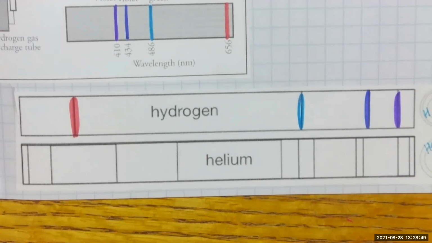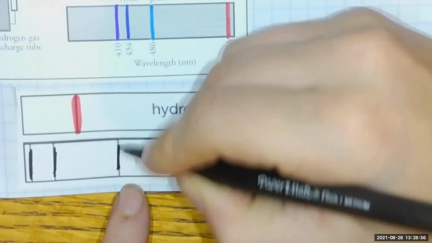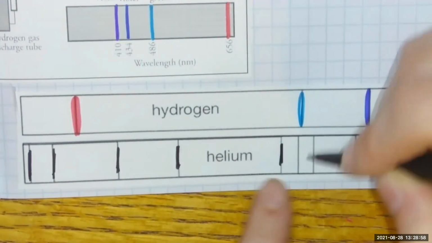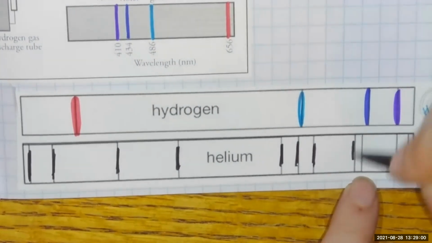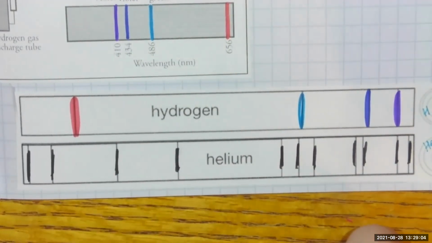Helium, I'm not going to color it, has 1, 2, 3, 4, 5, 6, 7, 8, 9. And I'm not sure if this is an exactly accurate image, but helium does have much, much more than hydrogen.